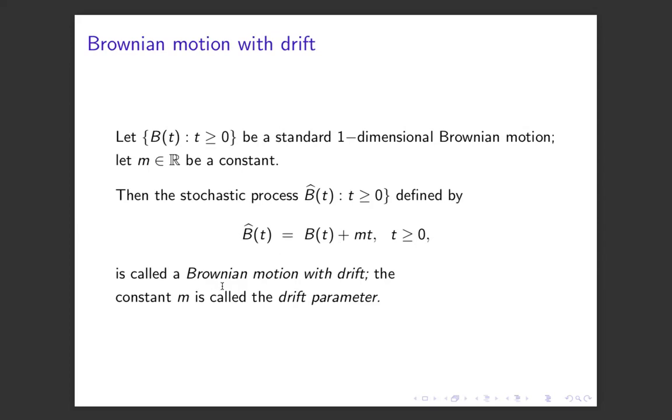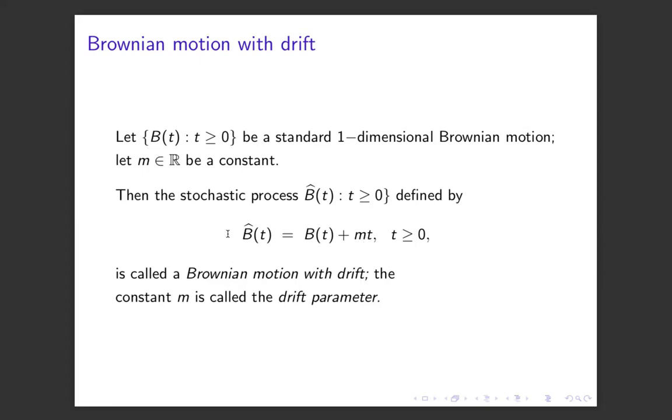This is called Brownian motion with drift, and m is called the drift parameter. So in addition to the Brownian motion component, there is also a drift linear motion.